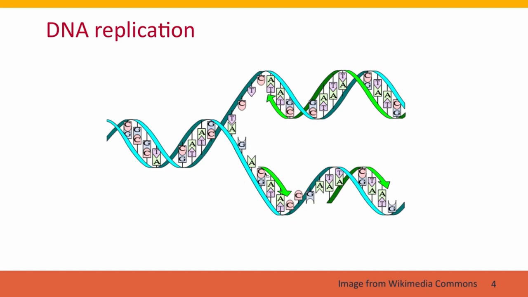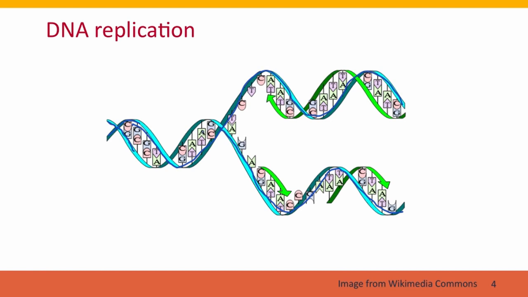So the curved lines are DNA, two strands of a double helix being replicated here, separating to form single strands that can then be copied by the process of DNA replication.